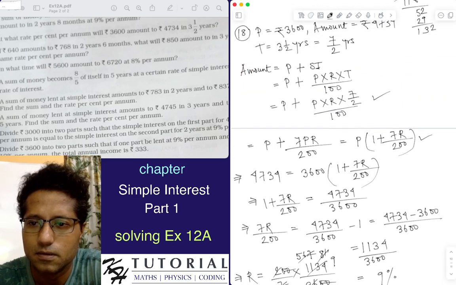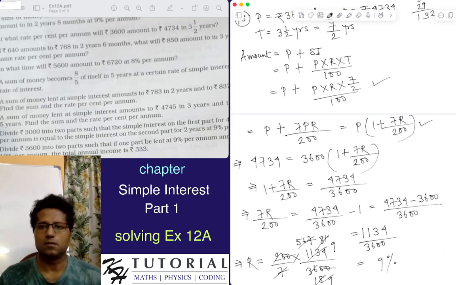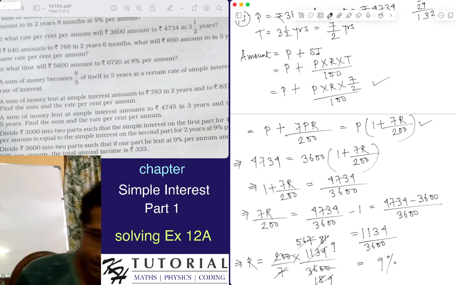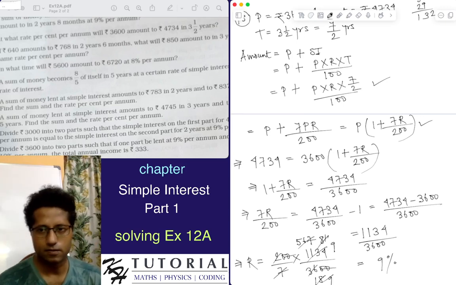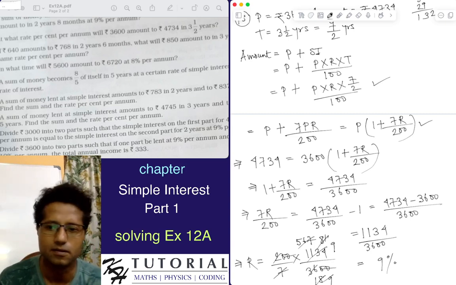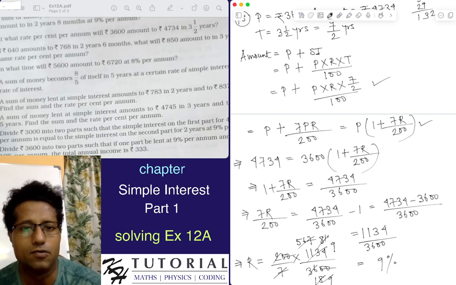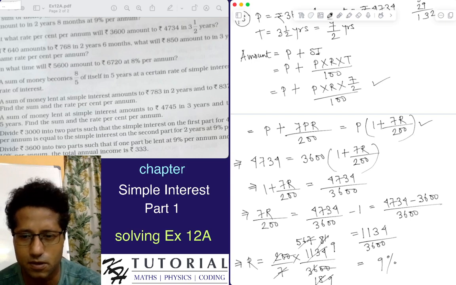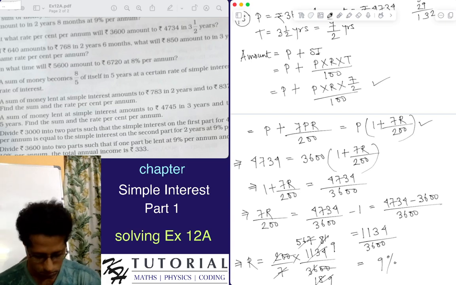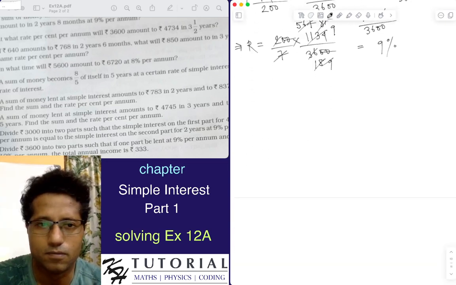Like in this example, I first factored out the P part, and the other factor was 1 plus 7R by 200, and then I put the value of P. I did not put the value of P immediately. So keep these small things in mind while solving problems on simple interest, because it is very calculative and you have to be very patient. Don't be impatient, otherwise you might make mistakes. Okay, let's see problem number 19.